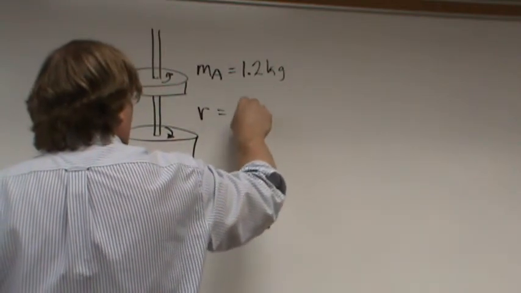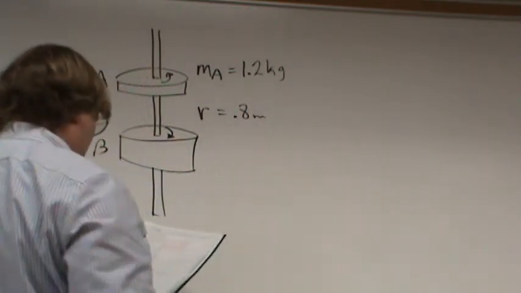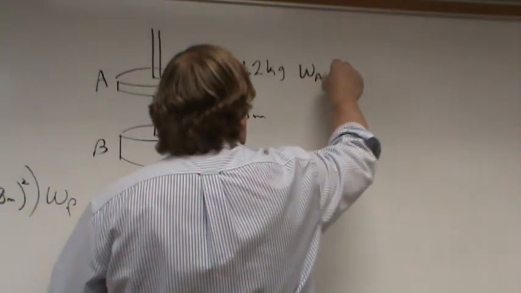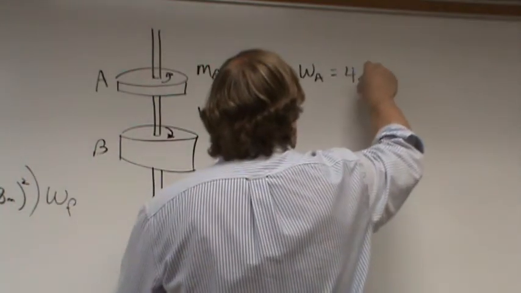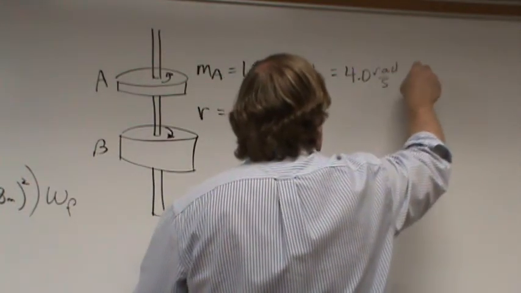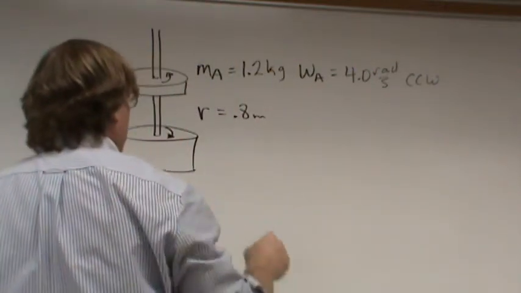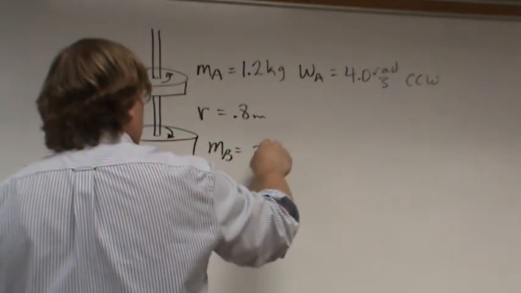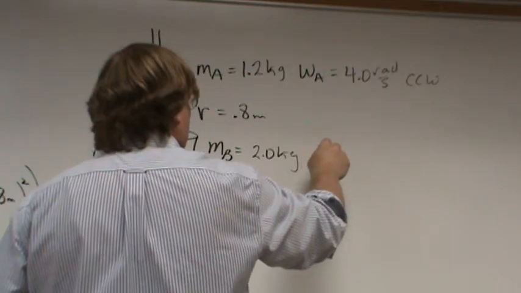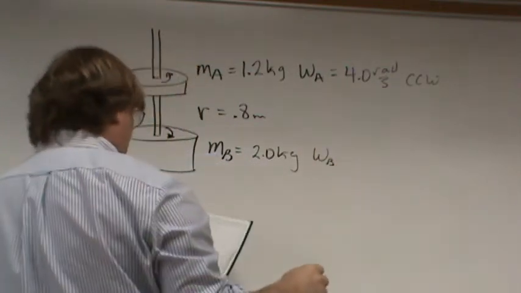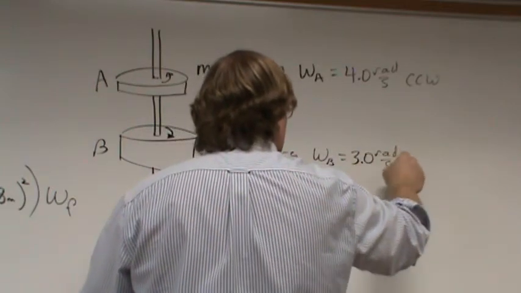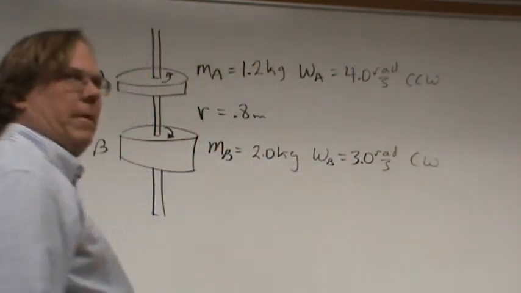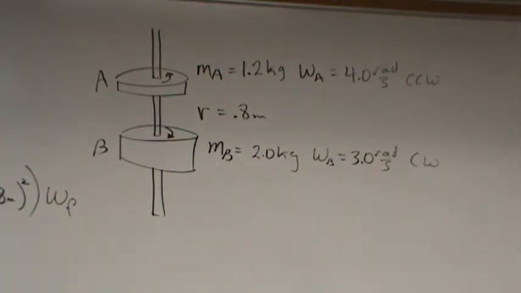The radius of both of them is 0.8 meters. And the initial angular velocity of A is 4.0 radians per second counterclockwise. The mass of B is 2.0 kilograms. The initial angular velocity of B is 3.0 radians per second clockwise, as drawn.